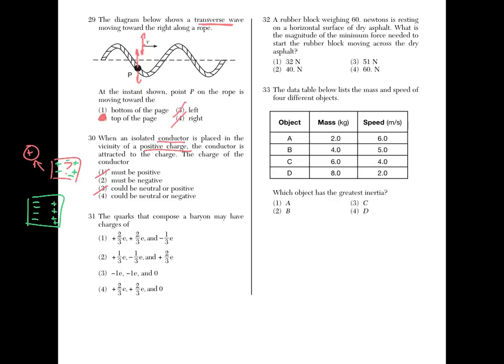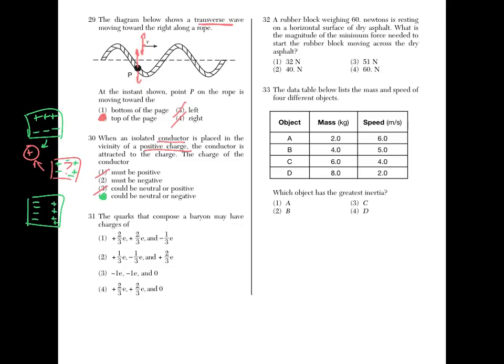That's how a neutral object can be attracted to a charged object, especially towards a positive charge. The negatives will go to the side closest to the positive charge, like so. And that's how number 30 can also be choice 4.